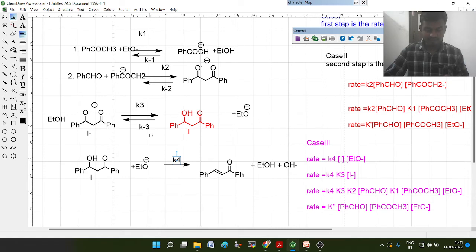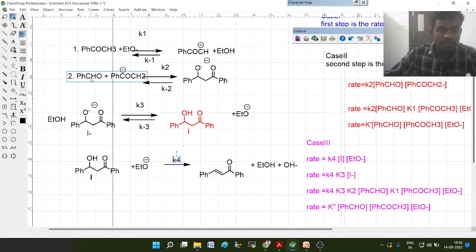These reactions are faster than the overall reaction under the same conditions. So overall, this I will automatically go to the product. This reaction is very fast, and I will get to the product fast. So the second step must be rate controlling. This is the conclusion they are making, that the second step is the rate determining step, where the condensation between PhCHO, benzaldehyde, and PhCOCH2 minus, this minus shouldn't be here.